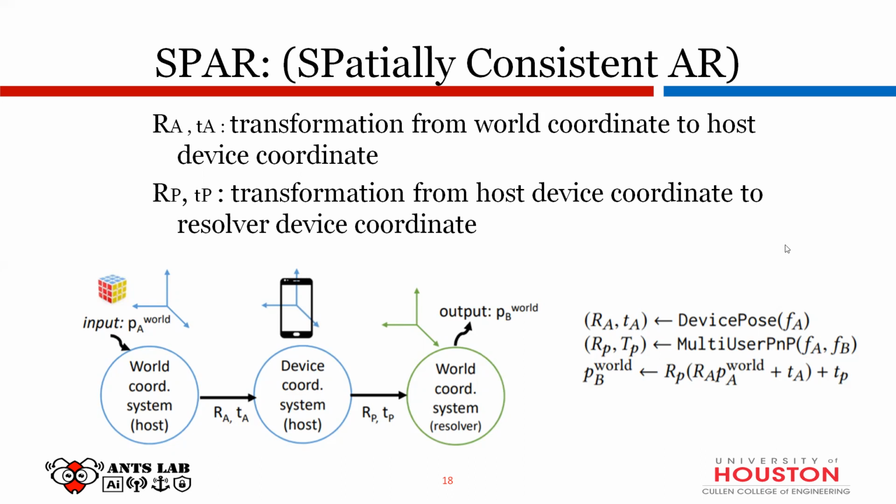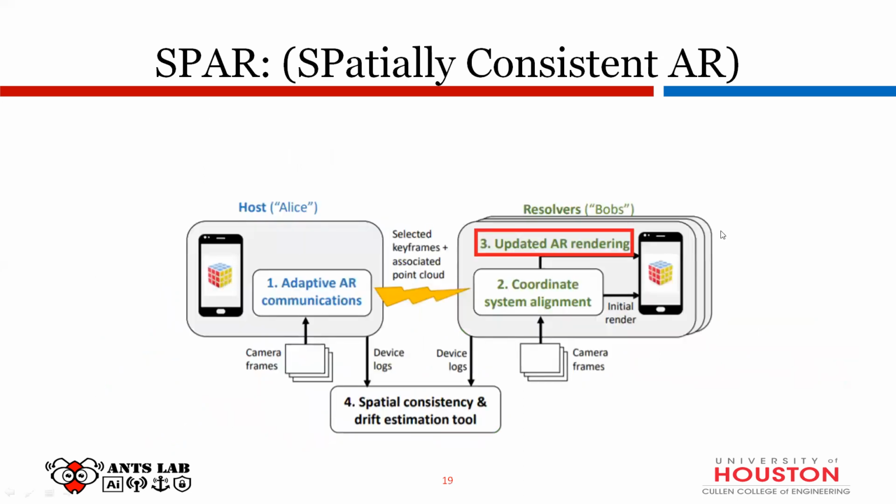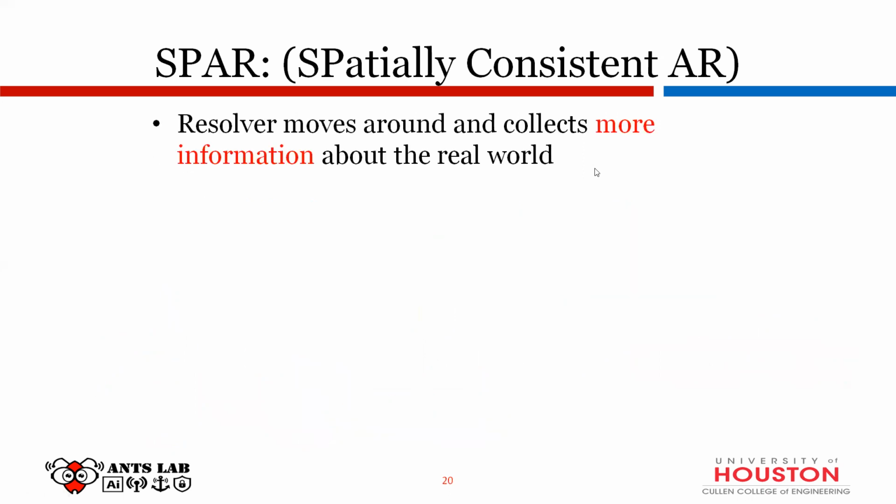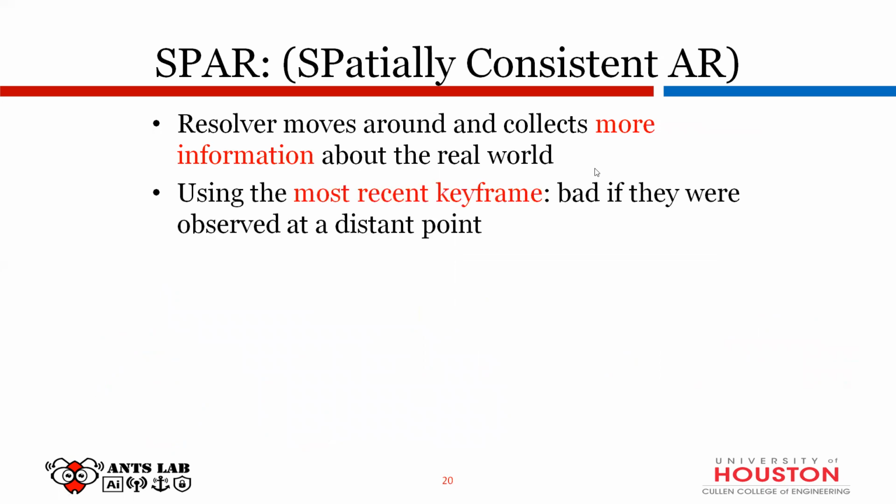Okay. All right, so that is what we mentioned about the coordinate alignment. Now we are up to the third, which is the concept that the resolver may move around and collect more information about the real world. So using the most recent keyframe will be bad if they're at a distant point.